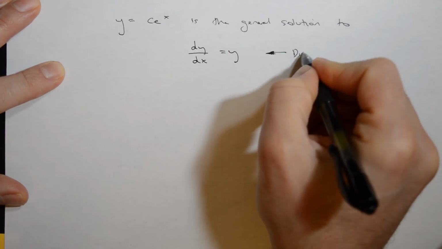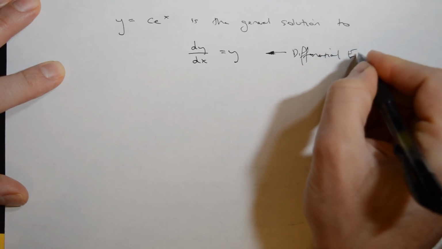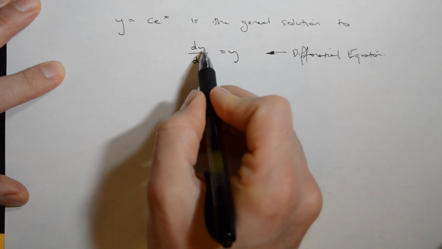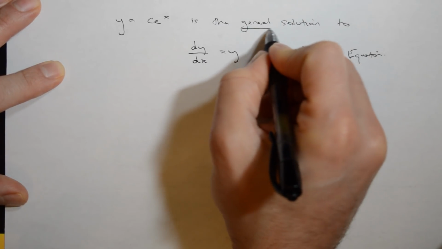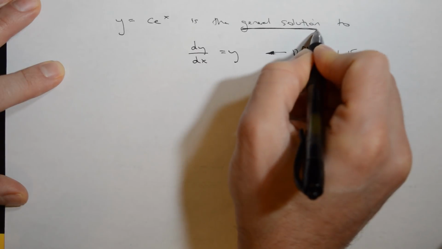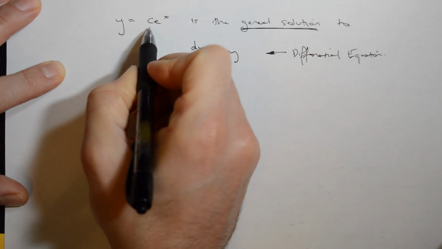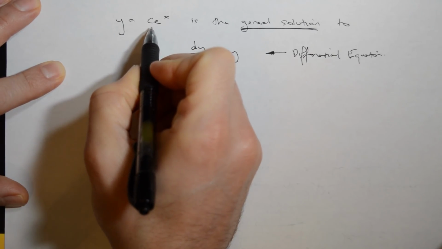This is a differential equation because it involves the function and one of its derivatives in an equation. We can specify one of the functions from the general solution by determining a value of the constant c from a condition.